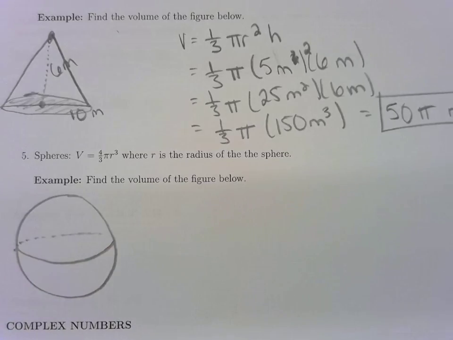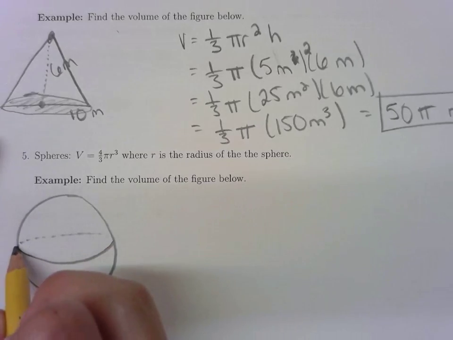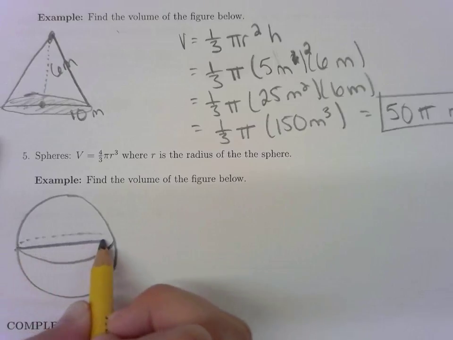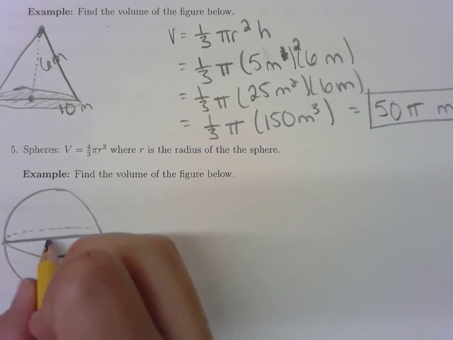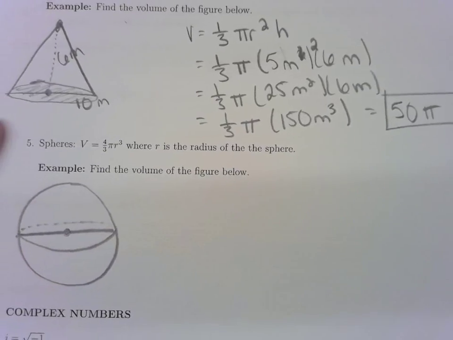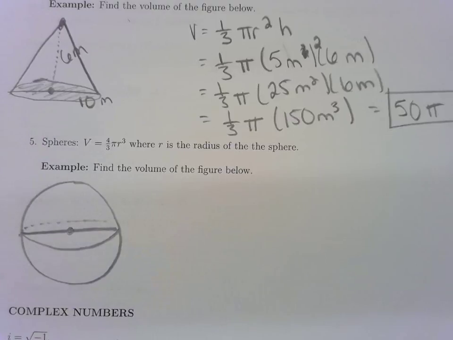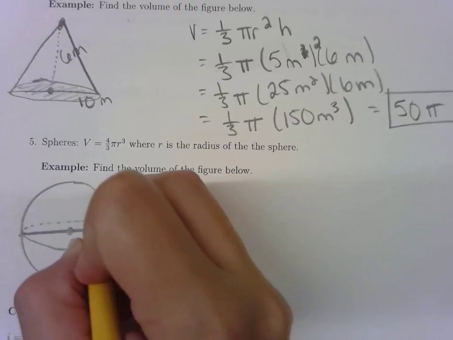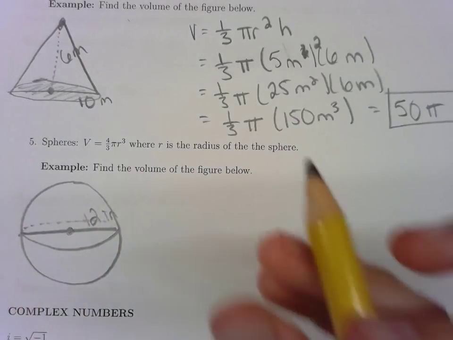Okay, so let's say we're given a diameter. Make sure it goes to the center for it to be a diameter. Let's say we're given a diameter of 12 inches.